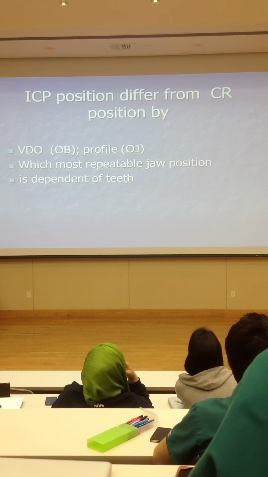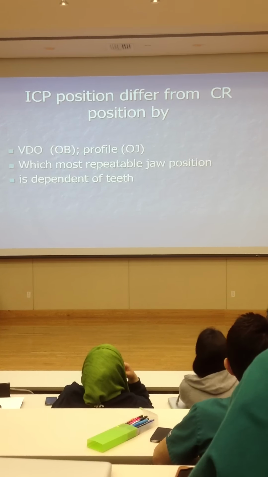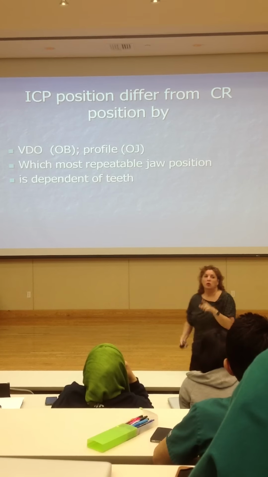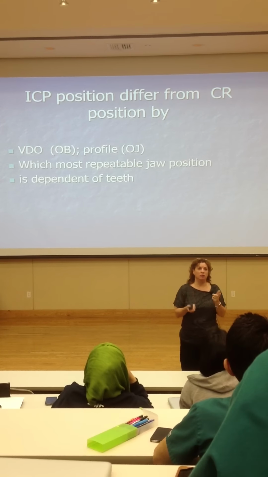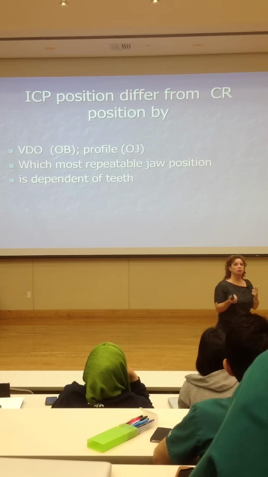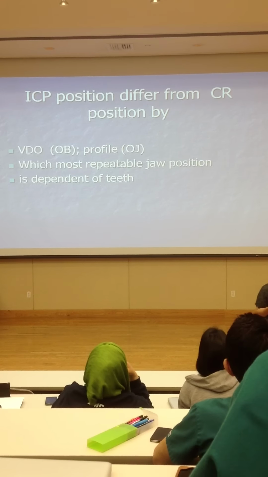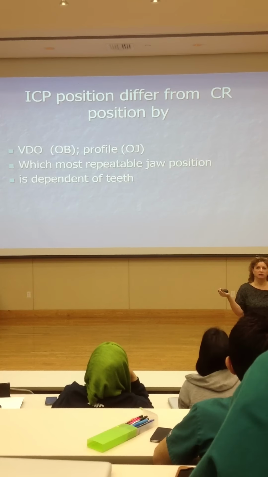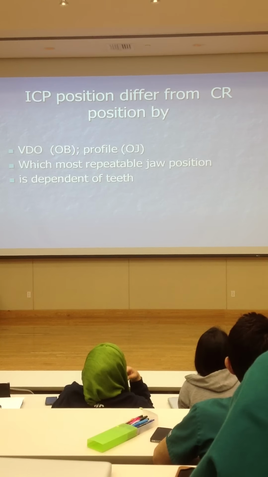I have a question for you guys. Which one do you think has better lateral movements, a carnivore or a herbivore? You know those terms? Herbivore? Why? Because they grind.